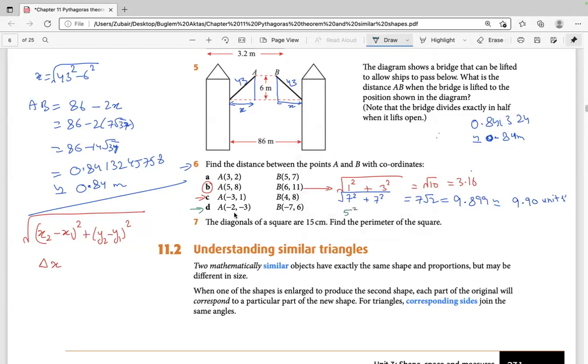So 5 squared, and change in y is, it would be 9. So 5 squared plus 9 squared, whole square root, is square root 106, which approximately equals 10.3 to 3 significant figures.